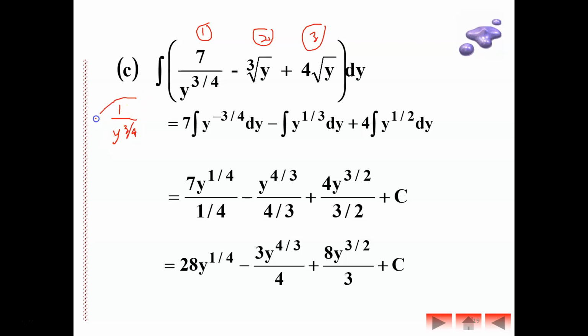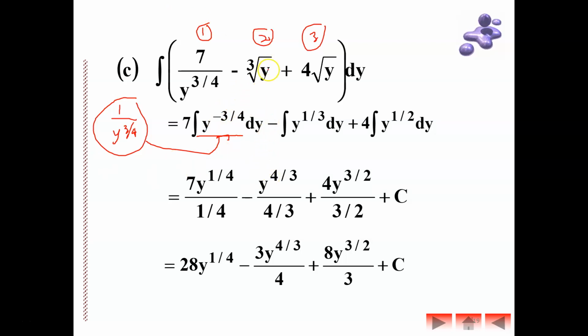So this part actually equals this, 1 over y to the power of 3 over 4. So when we write it back, it becomes y to the power of negative 3 over 4. Negative means 1 over. Okay.